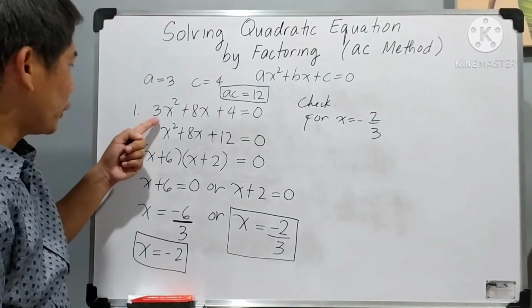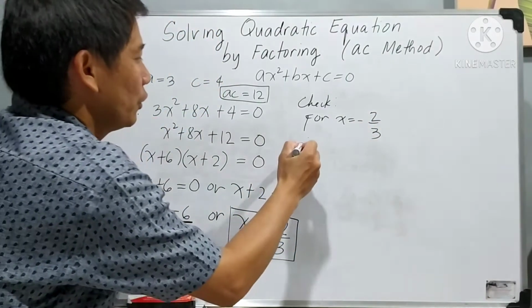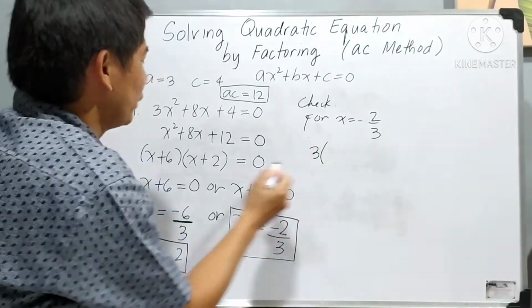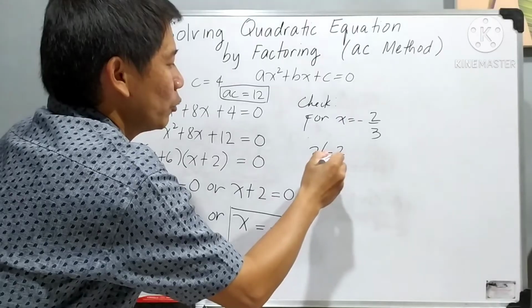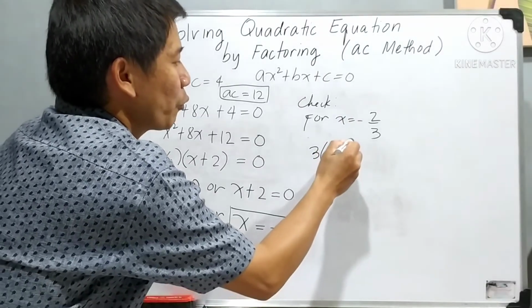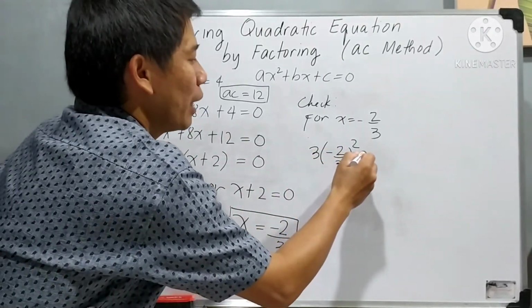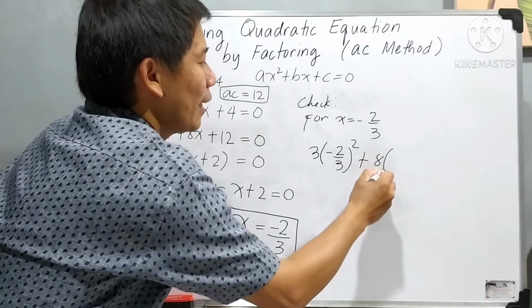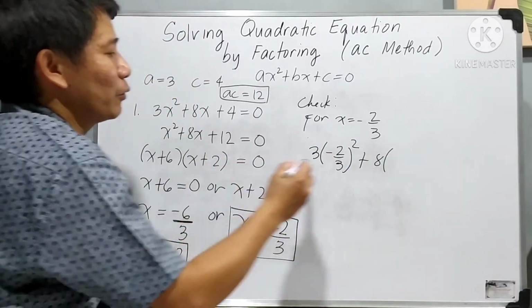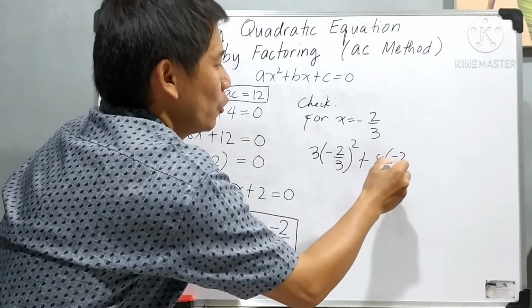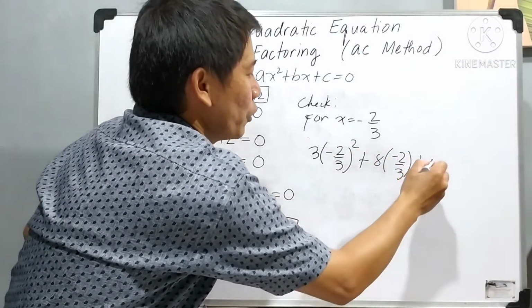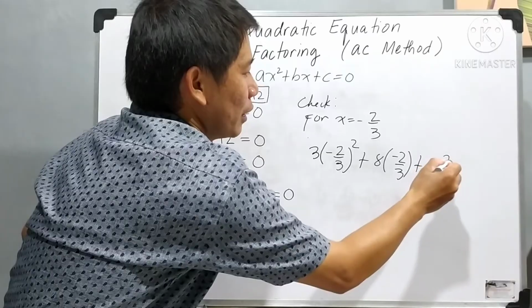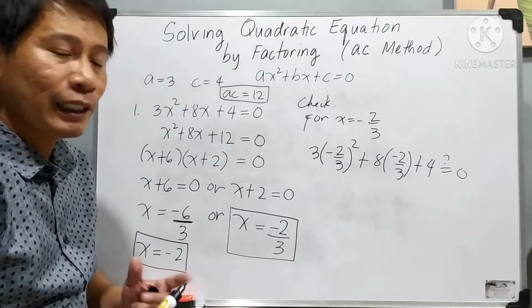So again, using the original equation, so 3 times x is negative 2/3, so negative 2/3 squared, okay, plus 8 times, again x is negative 2/3, so negative 2 over 3, okay, plus 4, is that equal to 0? Okay, let us see.